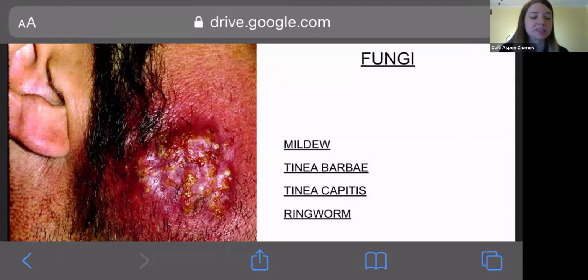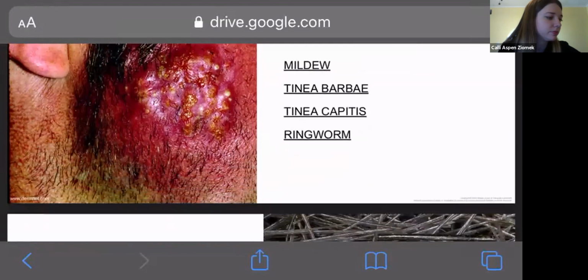It's the same exact thing as ingrown hairs with pus and irritation. And then ringworm, obviously, you'll see the little red lines on their skin. Ringworm is very, very contagious.